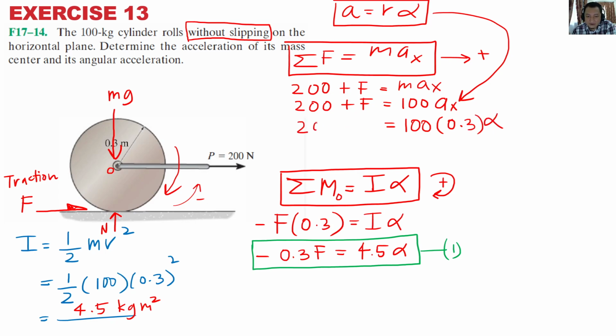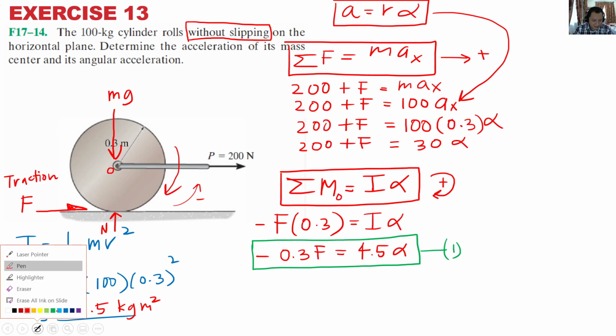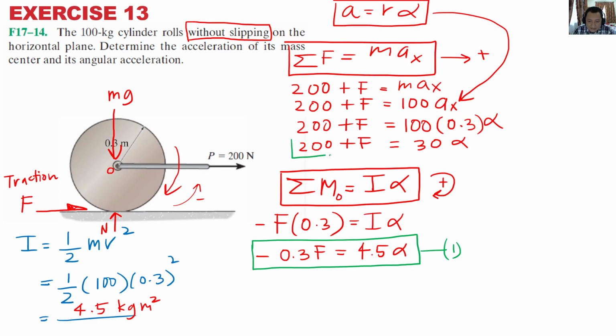So you have 200 plus F and this guy. So this one will become 30 alpha, this one becomes 200 plus F. So this is your second equation.